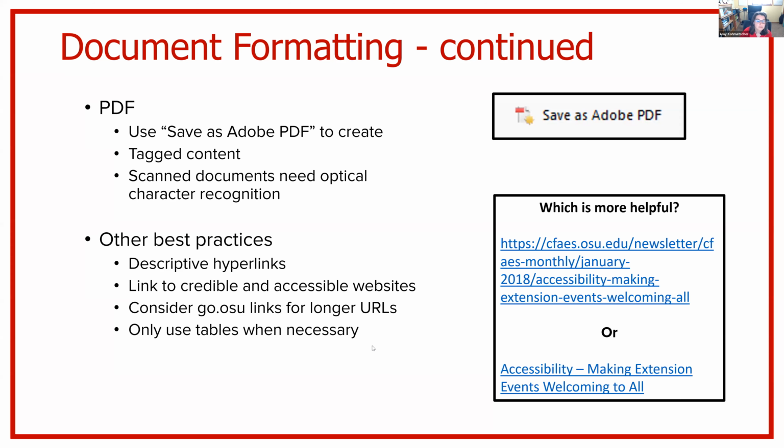And some of them are great and some of them are not so great. And so if you're linking to a website and you find out that none of the images have alternate text or the links don't work or something like that, that's not very helpful for your audience. So we want to be mindful about the websites we're linking to.